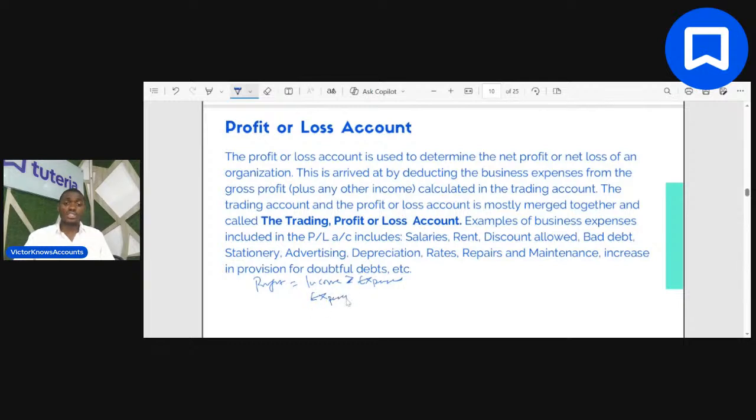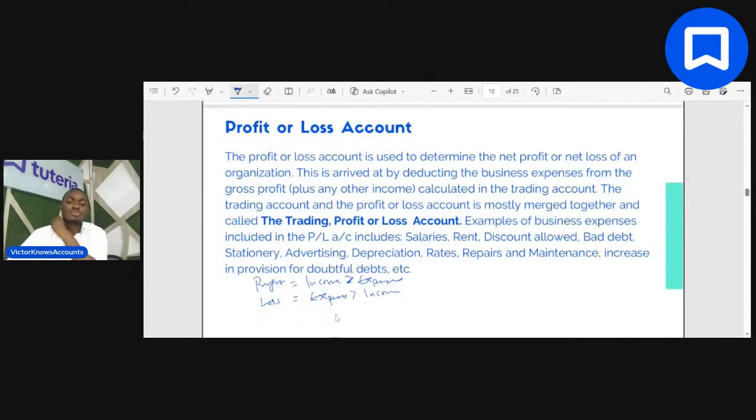If your expenses are greater than your income, what you have is a loss. Don't forget, greater than, less than. Now you guys have not forgotten. Now using your hand, greater than, less than. All right, so the excess of income over expenses is profit.